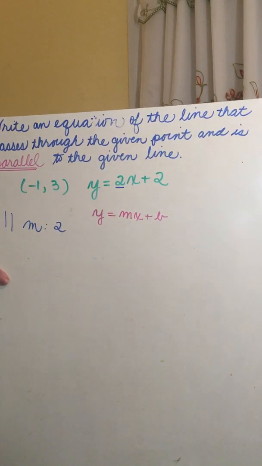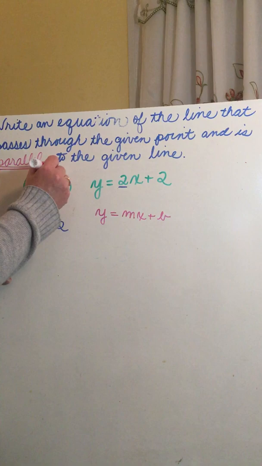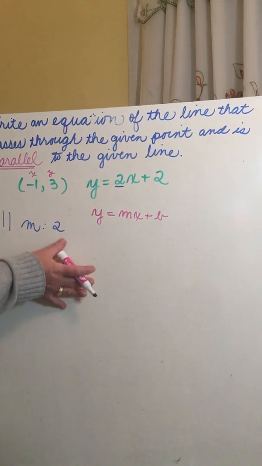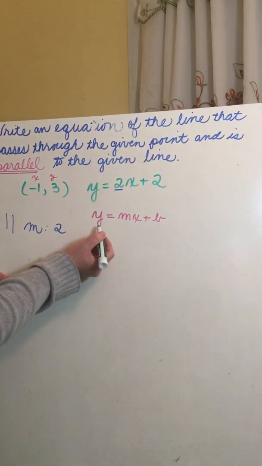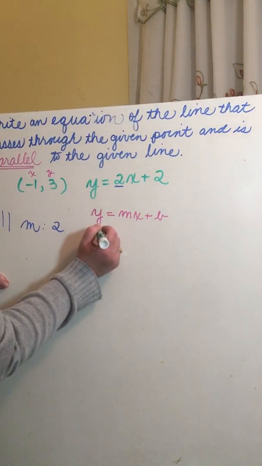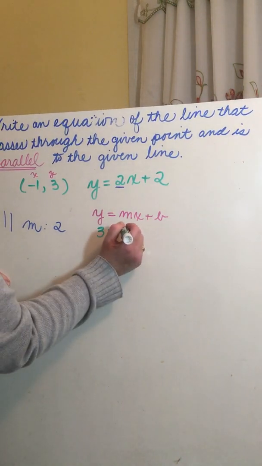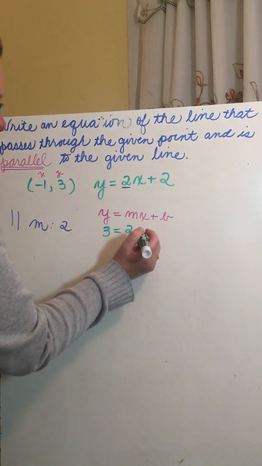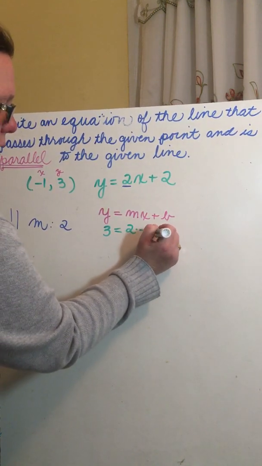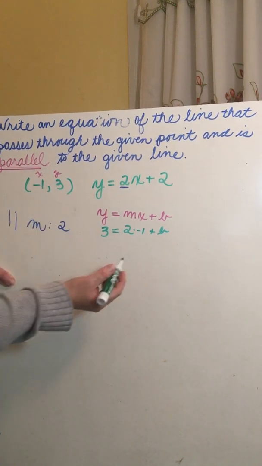Our next step is to substitute in the x and the y from the ordered pair, and we're going to use the slope of positive 2. So in place of y, we will use positive 3. Our slope is positive 2. Our x is negative 1. And we don't know what the y-intercept is yet.